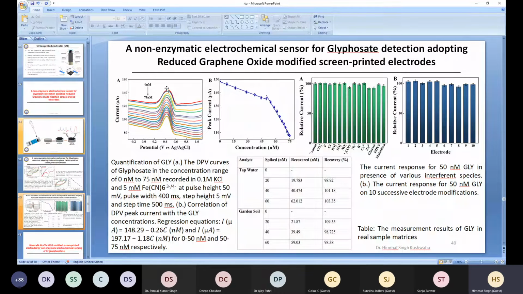You can see there is a significant decrease in the peak potential when we change the concentration of glyphosate in the electrolyte. This sensing curve shows linearity within a range, and the limit of detection for this particular sensor is around 1.45 nanomolar for glyphosate.